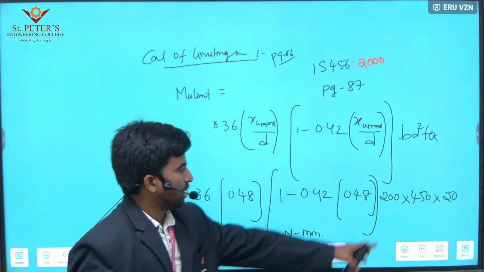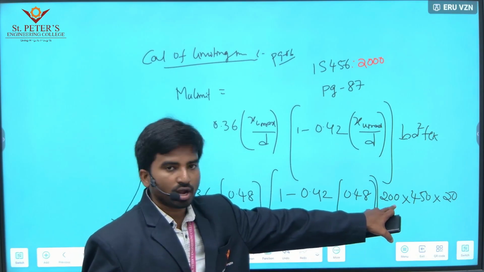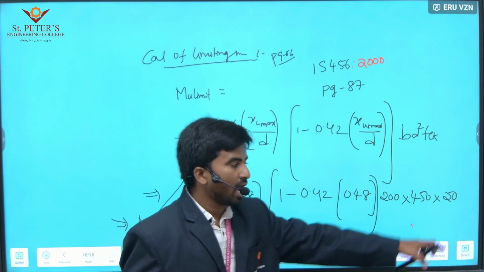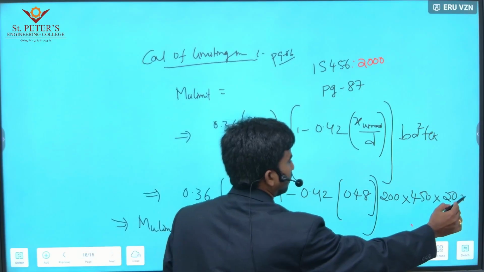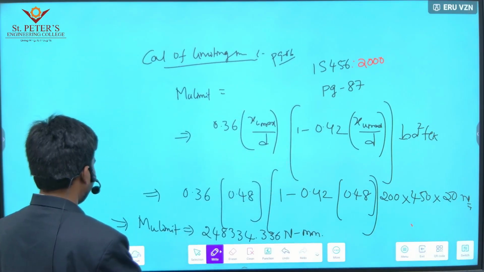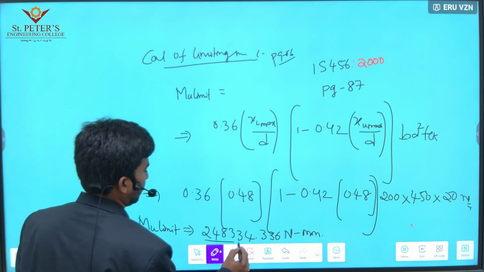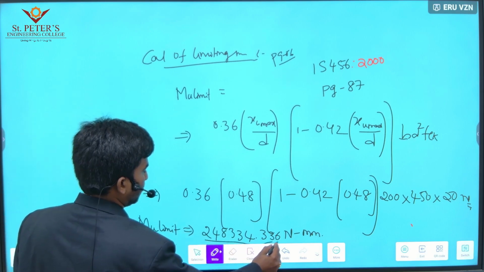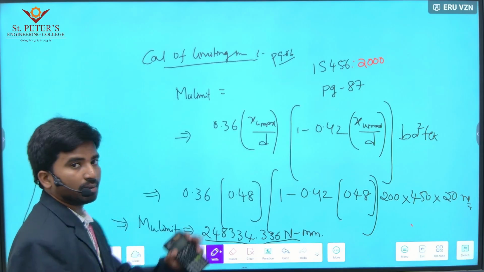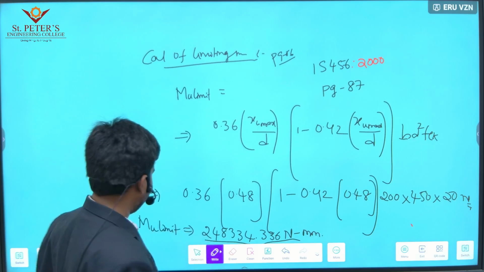Actually the breadth value is in mm, 200 mm, 450 mm, and fck is in Newton per mm square. After calculating, we got the value 248,334.336. So compare the moment Mu with the Mu limit.